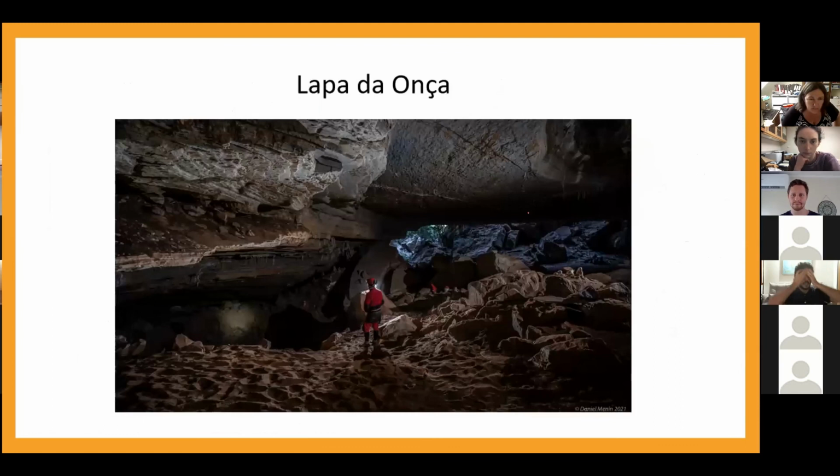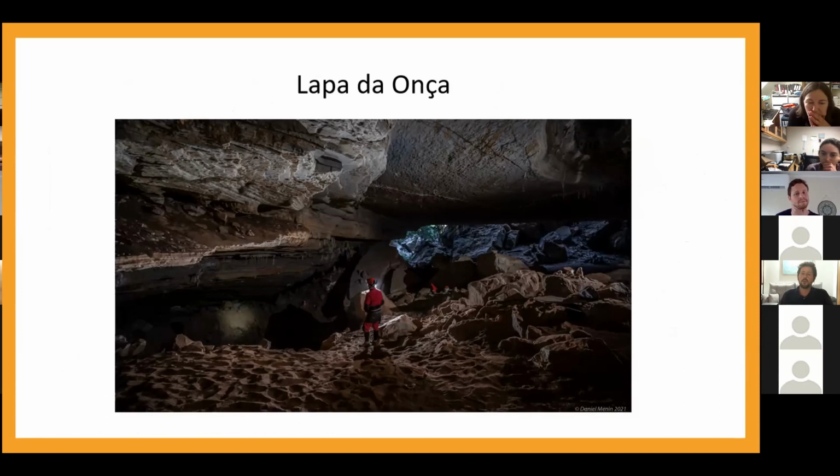And finally, I will show some quick examples of another experiment that we performed on a cave in Central Brazil. We hope to publish this paper this year. So this is an example of a well-ventilated cave in Central Brazil. The temperature here varies between 25 and 30 Celsius degrees, but the relative moisture also varies a lot, between 50 and 70%.